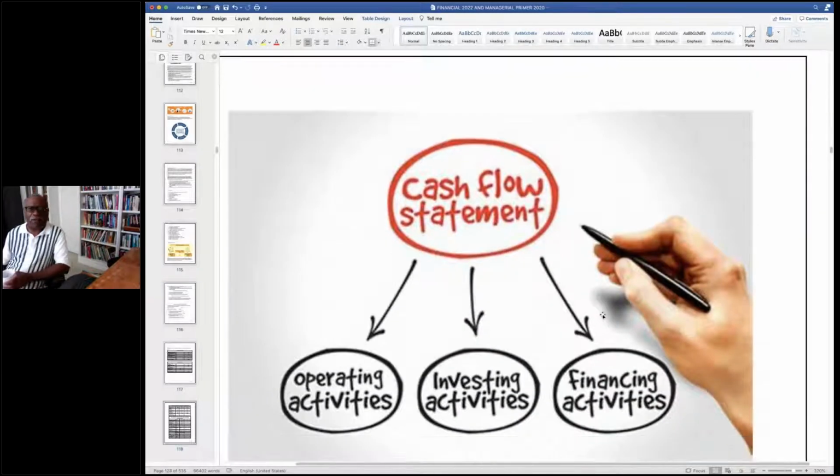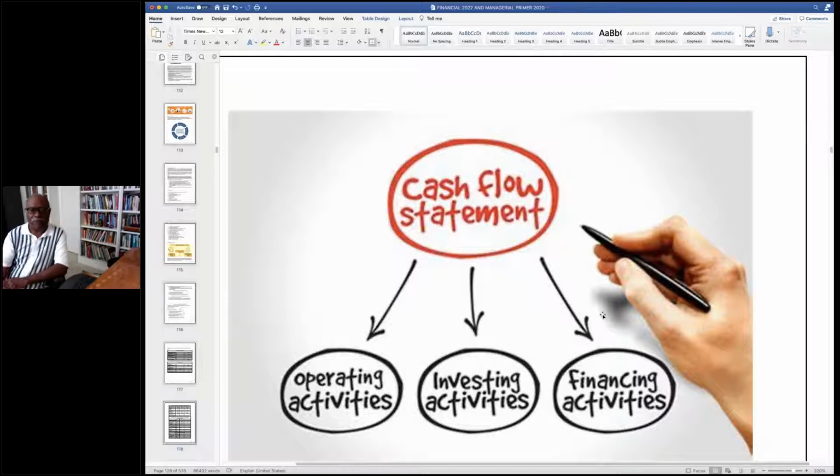Now we move to our last statement that we got to learn how to prepare. The cash flow statement. So what are the other statements that we've learned how to prepare? Income statements, okay.